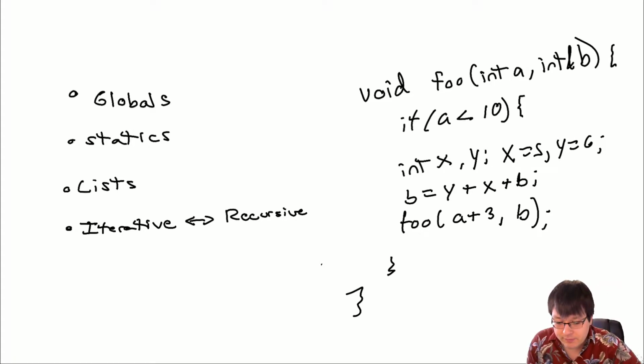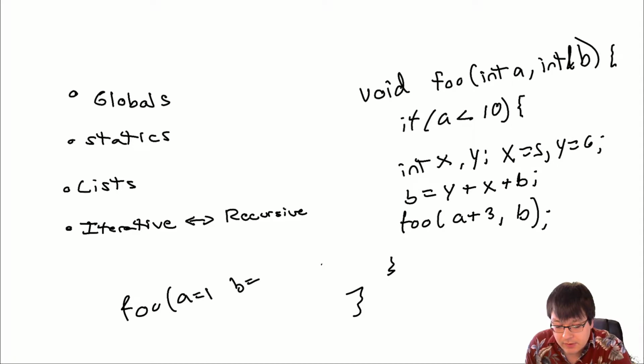So x and y have their own copies in every function. Each of them could have the same data, different data, whatever, they're local variables. A, as a parameter, is also its own copy, and it could be different between each recursive call. For example, let's say we call foo from main, with a equal to 1 and b equal to maybe 1 as well. Okay, so we're going to call it like this.